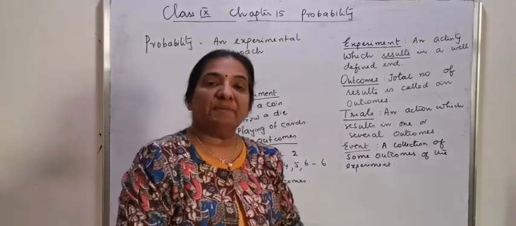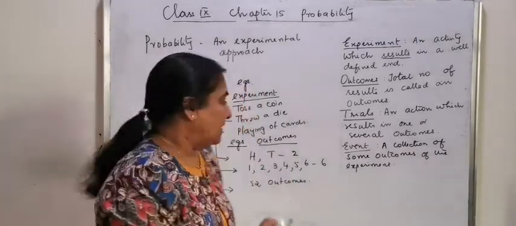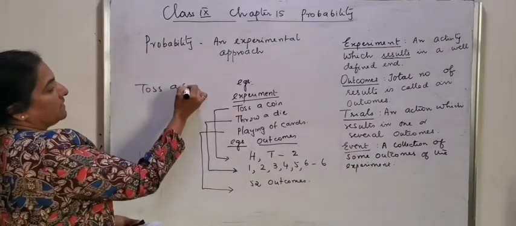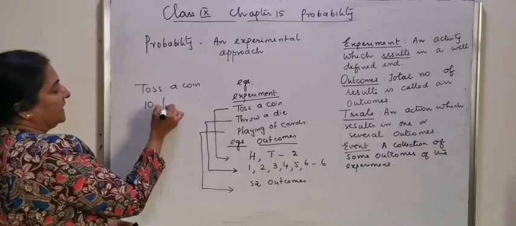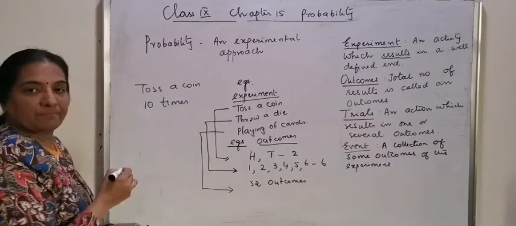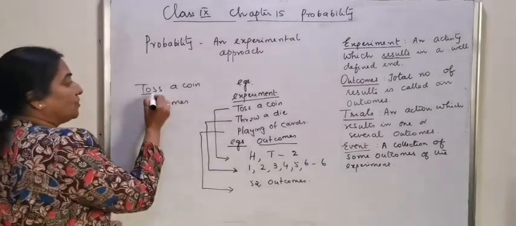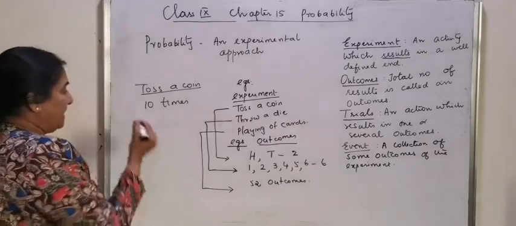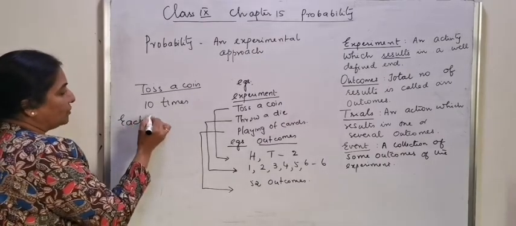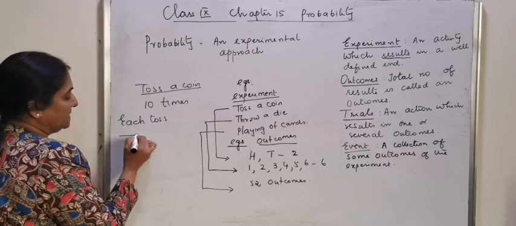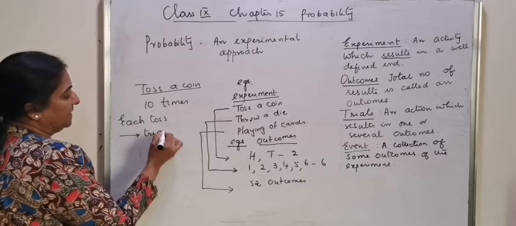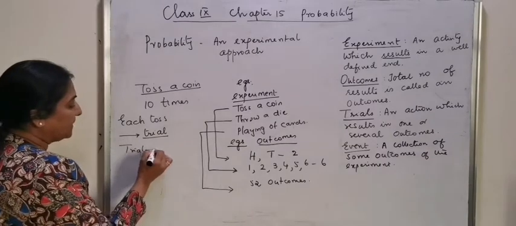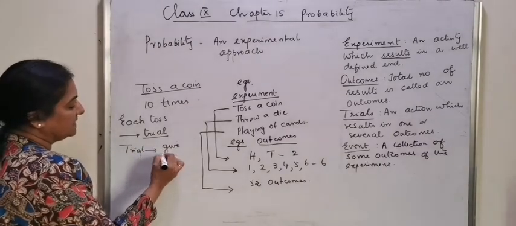Now, what is the meaning of trial? When you are asked to toss a coin 10 times, tossing a coin is the experiment. Each toss is named as a trial, and each trial will give you a result.